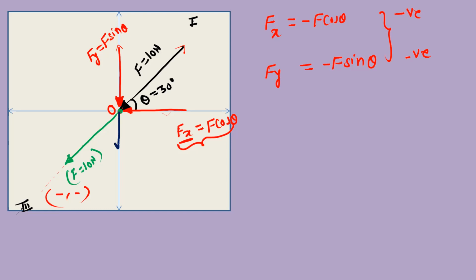So this is the x component and this is the y component. Okay, so this is 30. So this is the opposite angle. So this is also 30 theta. So here fy is equal to f sin theta. Sorry, this is fy. And this is fx, which is equal to f cos theta. Okay, so you will get the same sign, negative and negative, for x and y component.